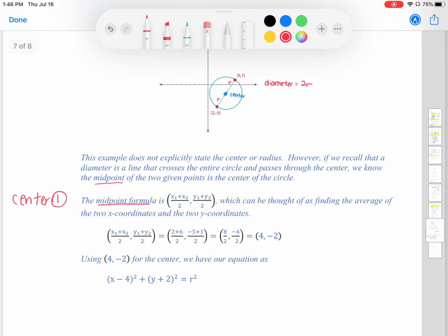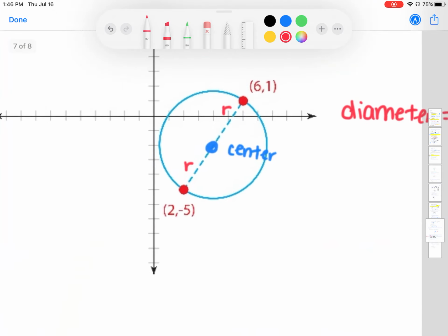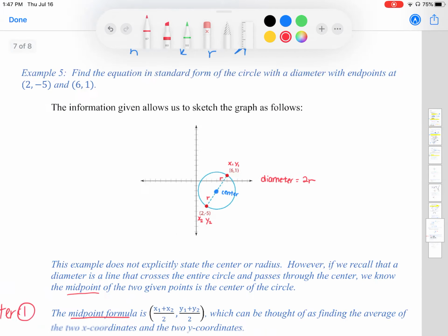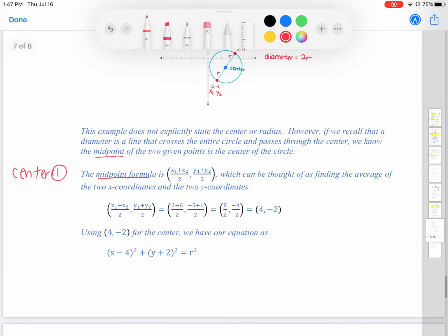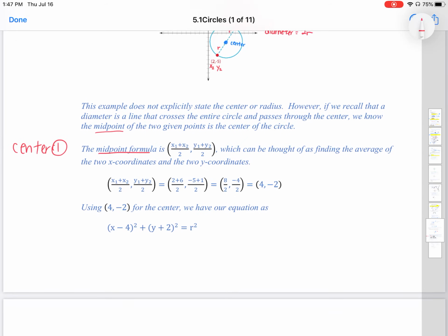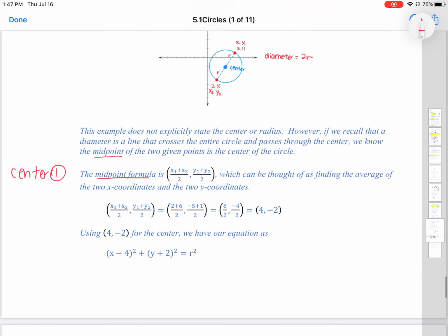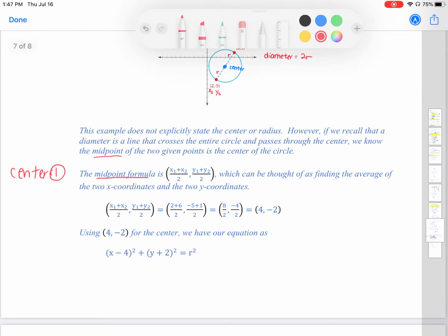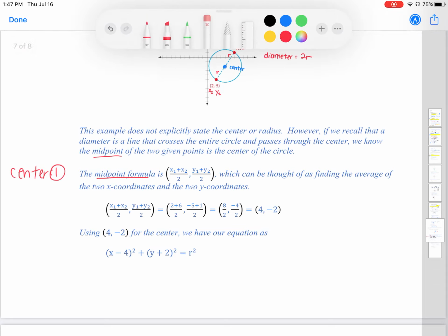All right, so for this problem, let's label our points: x1, y1, x2, y2. I like to label them, it makes it less likely for me to make a silly mistake. It doesn't matter which one's x1 or x2, but I want to stick to what the text has. So let me erase them and write them again.